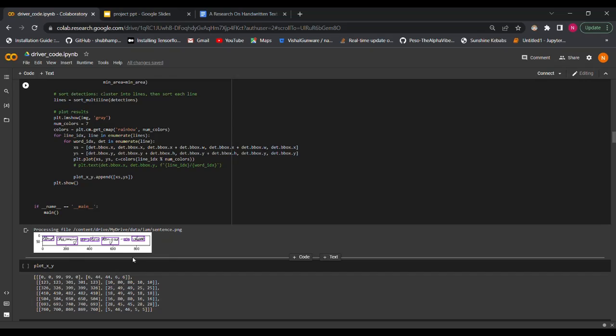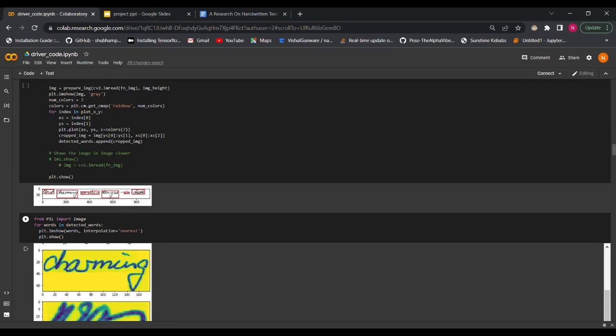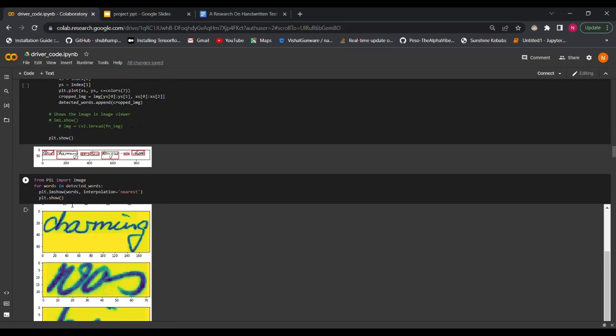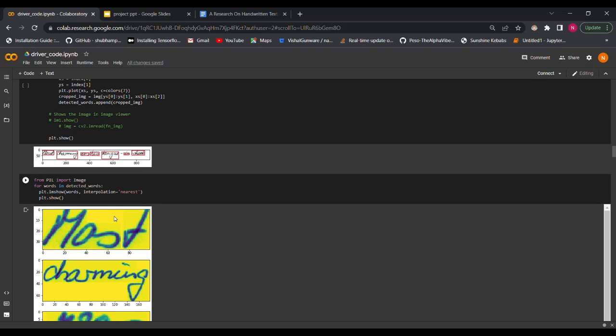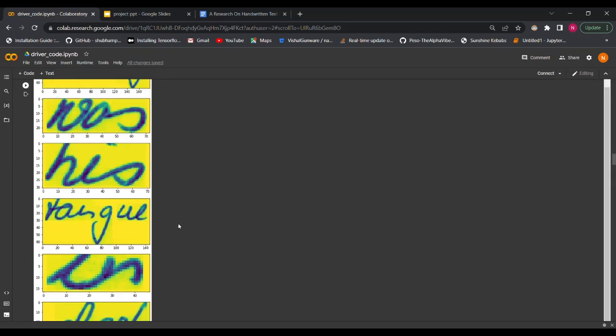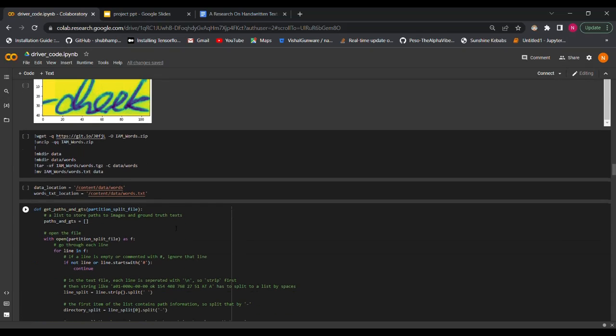For example, you can see here we are taking the coordinates and cutting the word image in the sentence. These word images are then being sent to our second model. We have taken the IAM handwriting dataset for training our second model.